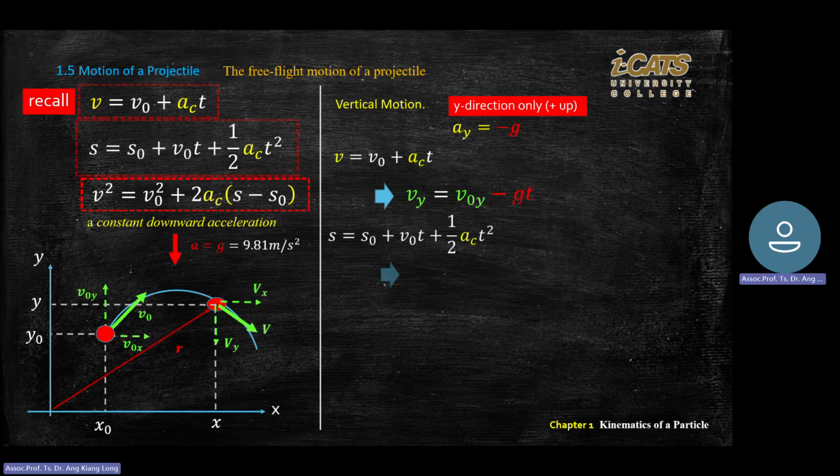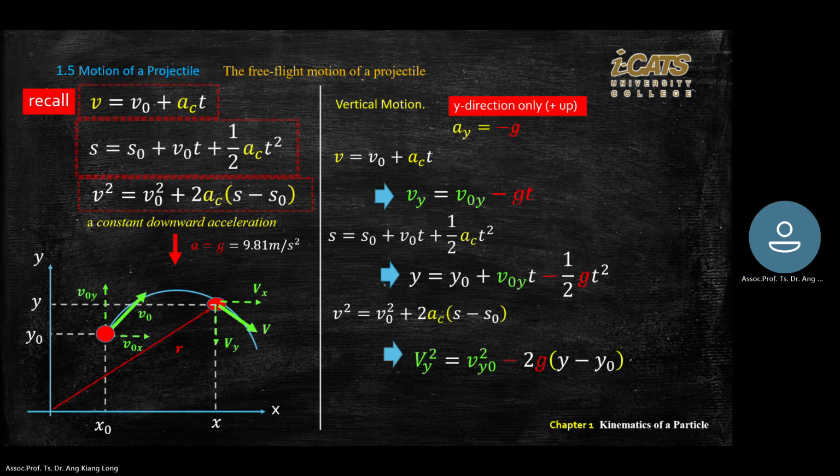Just be careful, you are substituting a negative, so you are removing the positive sign. For example, the first one you get Voy minus GT. Second one also minus GT. And the third one you get minus 2G and not positive.